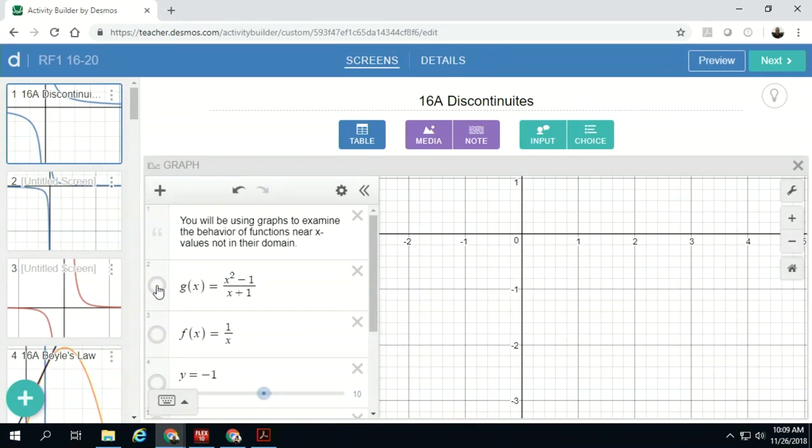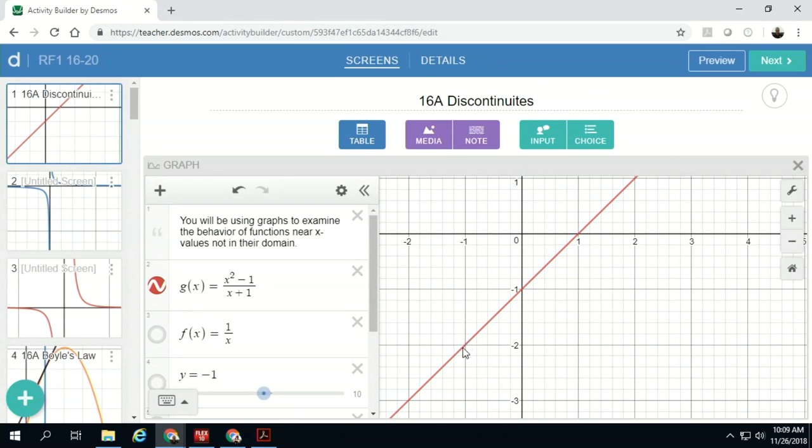Okay, x squared minus 1 over x plus 1. When I graph it, it looks like a line. But then it says, go to g of negative 1. So I'm going to go back here to negative 1.